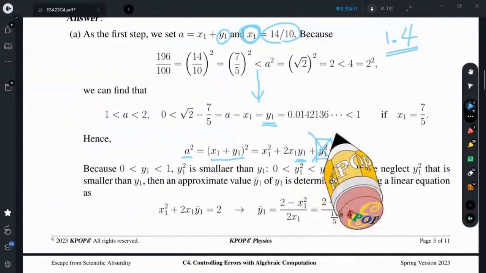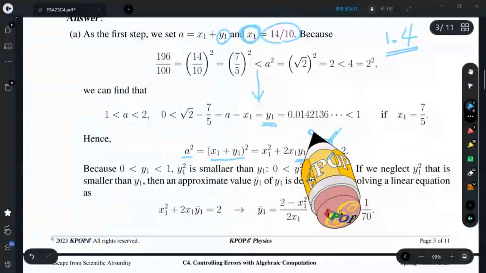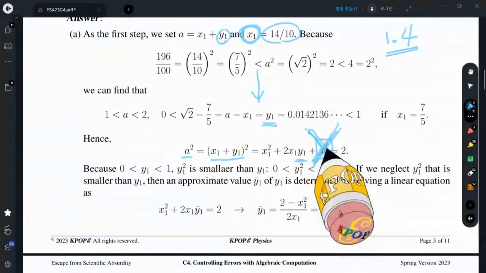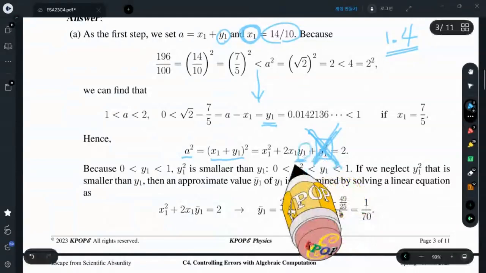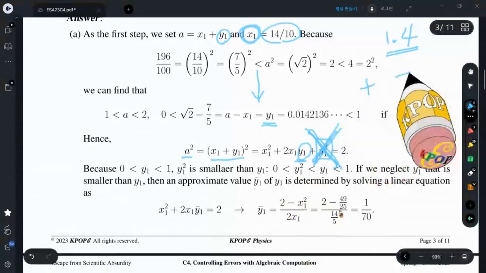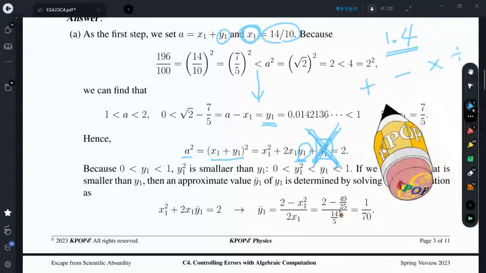We admit our mistake, but a controllable error. As soon as we ignore this small term, we can determine y in a completely algebraic way. Algebraic way means we can add, subtract, multiply, and divide. A simple calculator can be used to find this value.